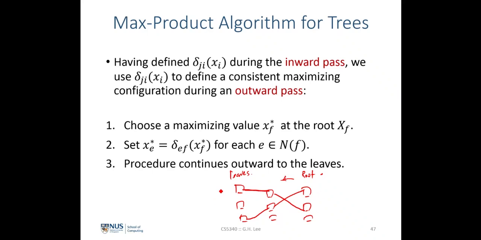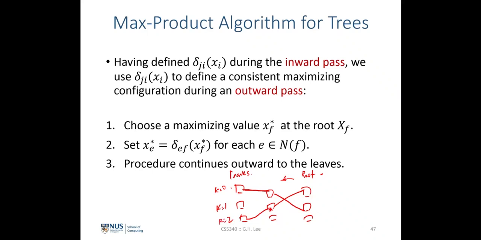Now suppose that I'm going to choose k equals 0 over here, because I noticed that once I reach the root node, there are two configurations of this root node that give rise to the maximum value, at k equals 0 and k equals 1, for example.